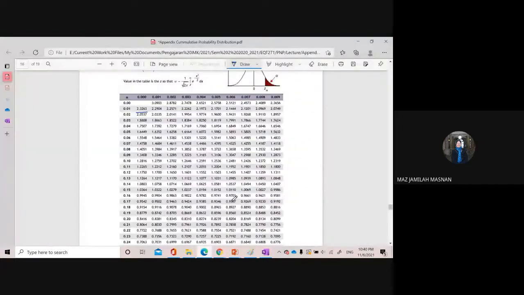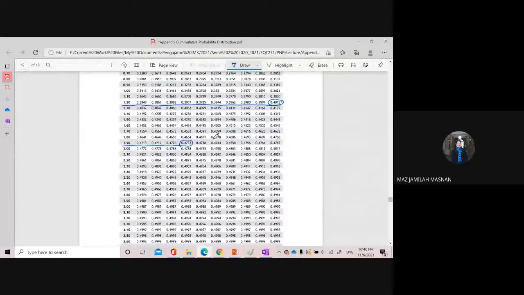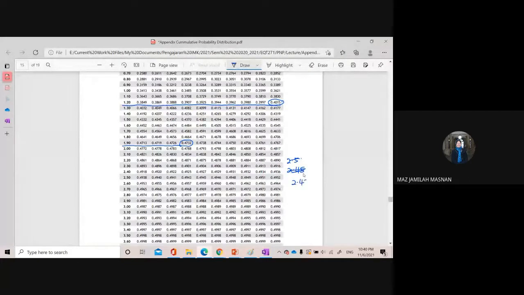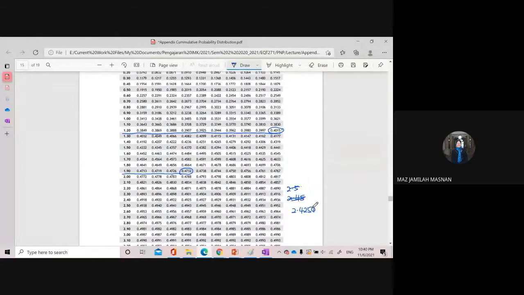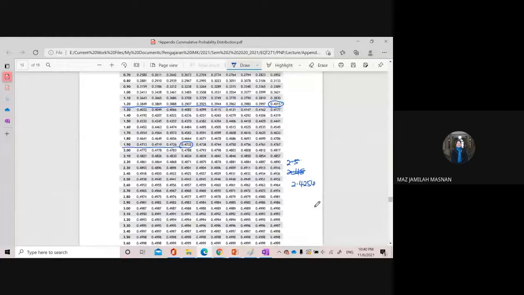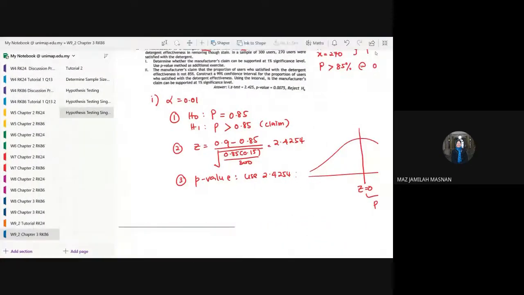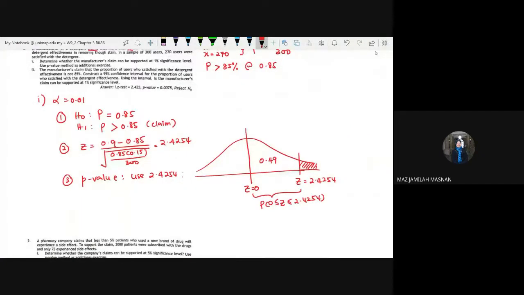2.4254. Since the table has 2 decimal points, so 2.43. 2.43 is this one, 0.4925.